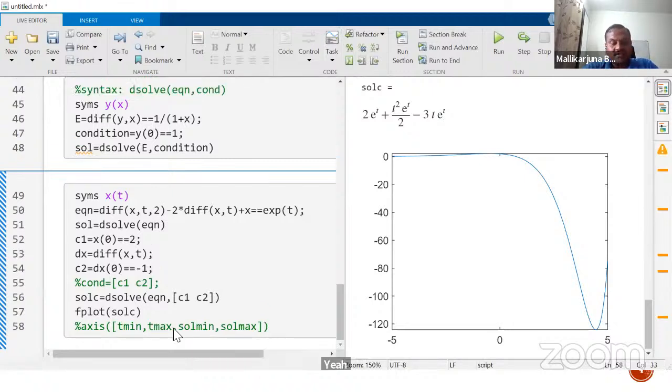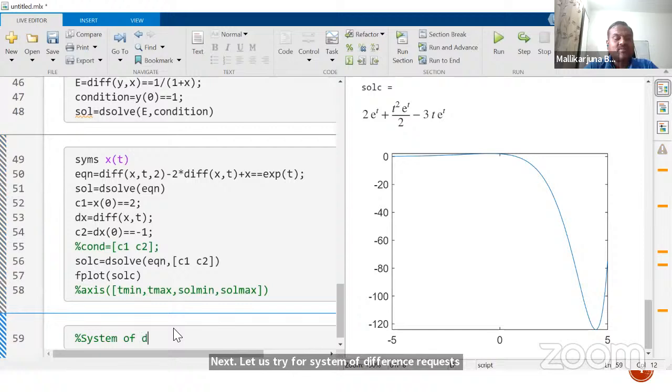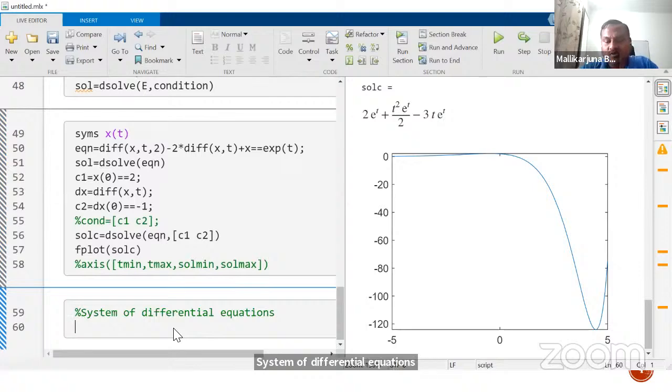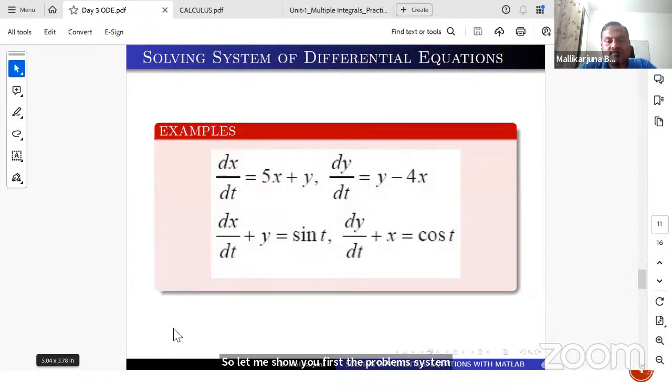Next, let us try a system of differential equations. Let me show you first the problems, the system of differential equations. But the syntax is the same.